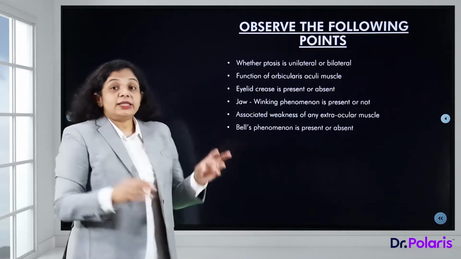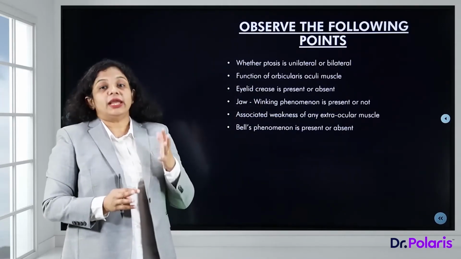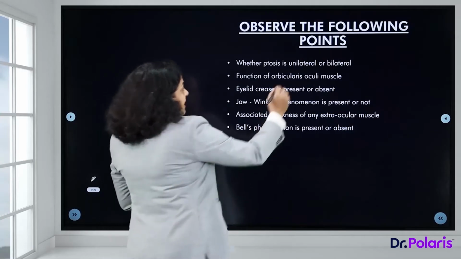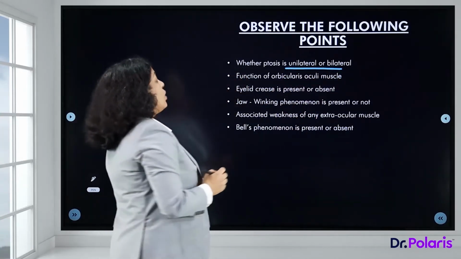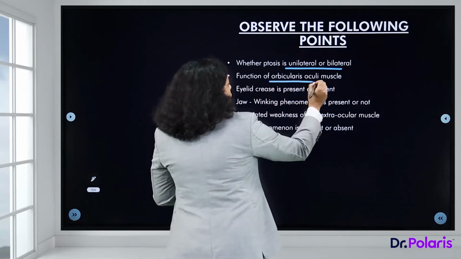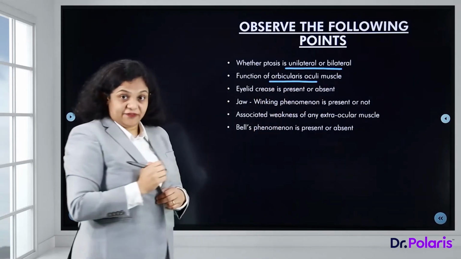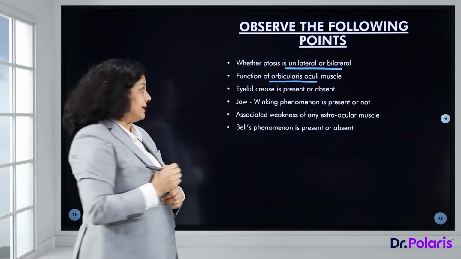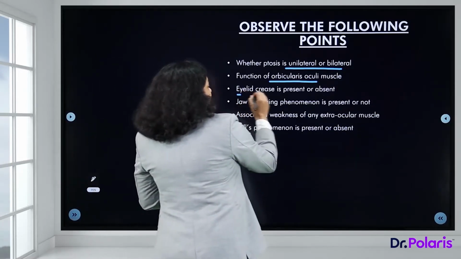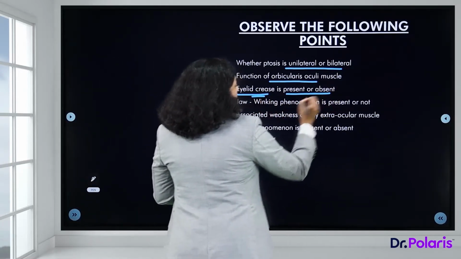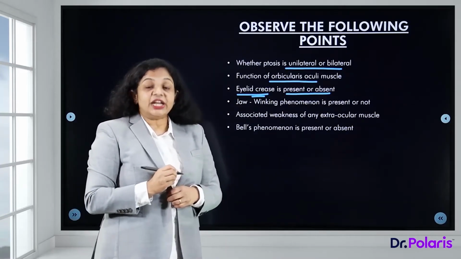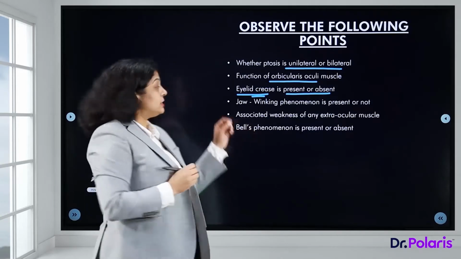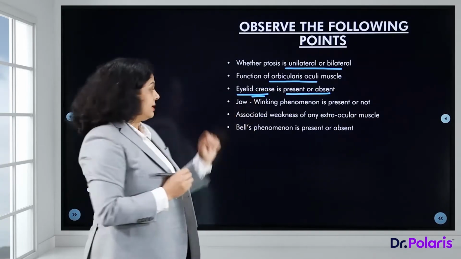coming on to what are the points that we need to look for in particular. We need to see if the condition is unilateral or bilateral. What is the function of the patient's orbicularis oculi muscle, if it is good or if it is bad. Is the eyelid crease present or absent? Because in a simple congenital ptosis, there will be absence of your eyelid crease.